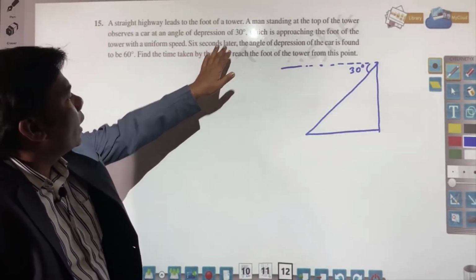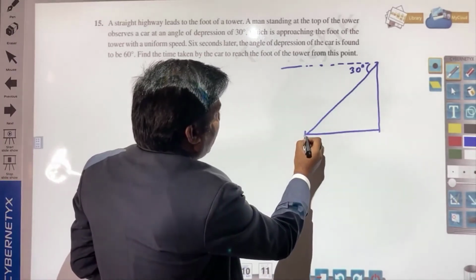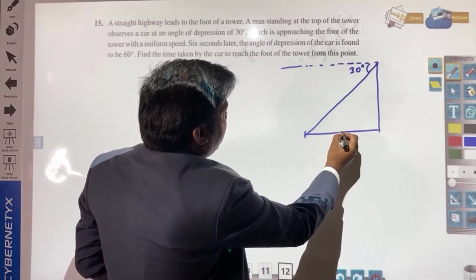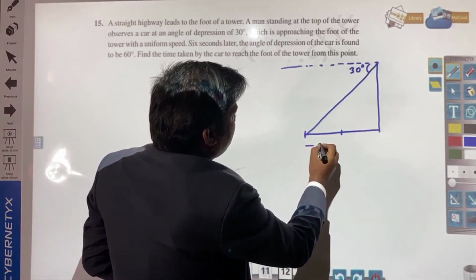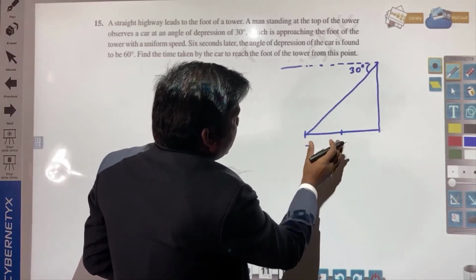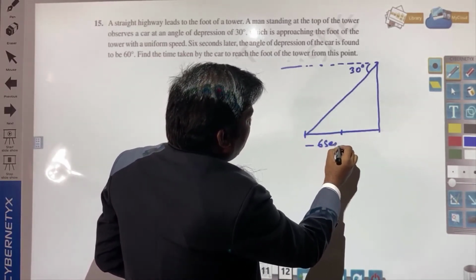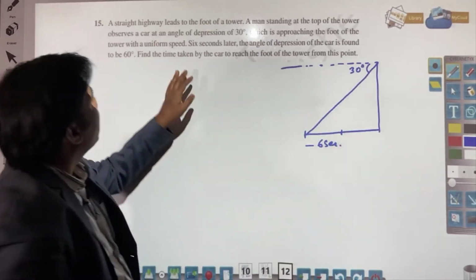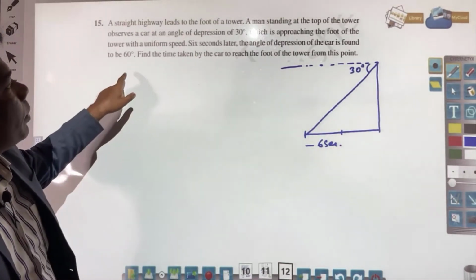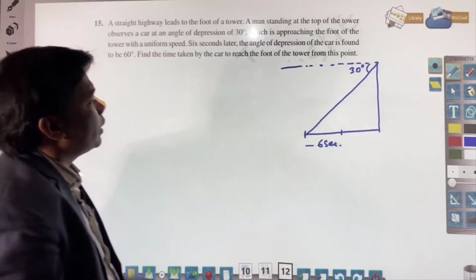6 seconds later, so here the car was spotted and then 6 seconds distance traveled here, this distance in 6 seconds. 6 seconds later, the angle of depression of the car is found to be 60 degrees.